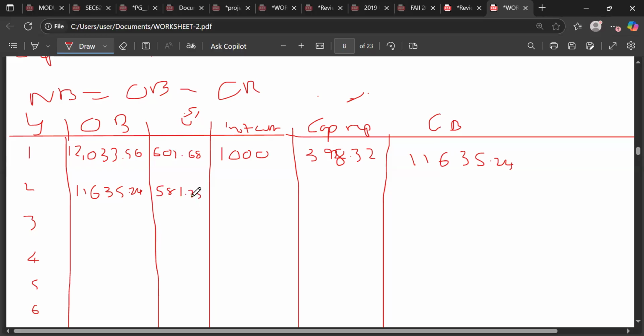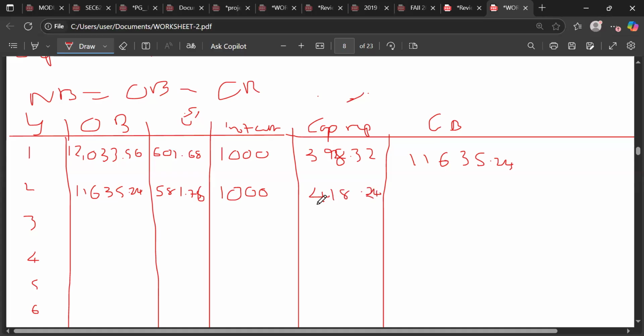So 5% of this will give us this here. Installments are the same again, they're constants. So 11,635.24 times 0.05 gives 581.76, and 1,000 minus this will give us 418.24 here.